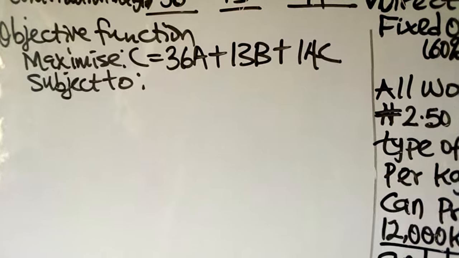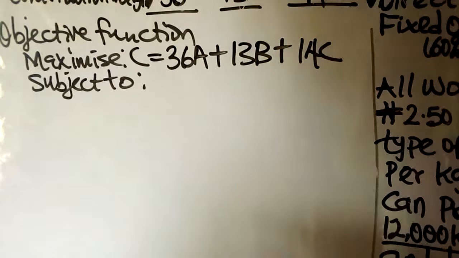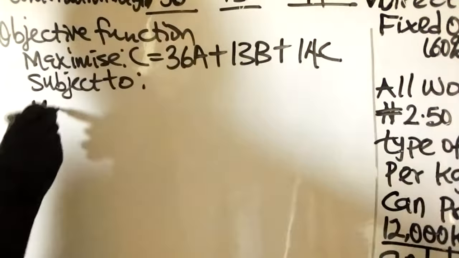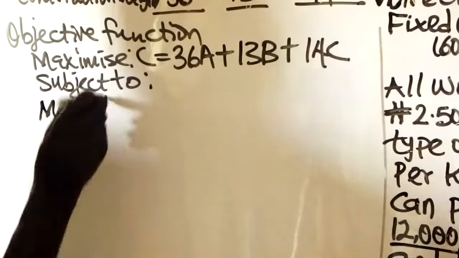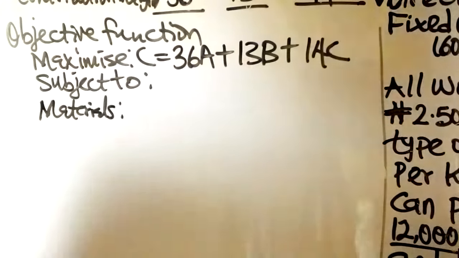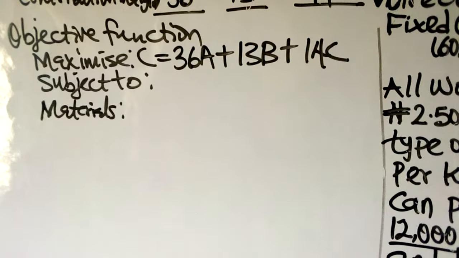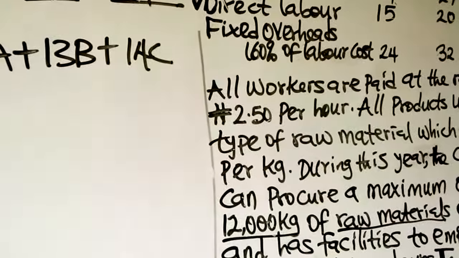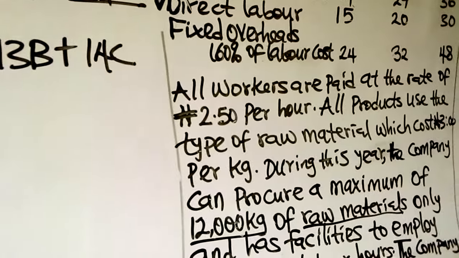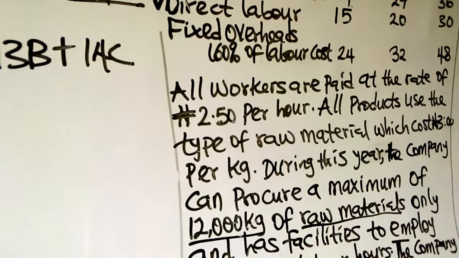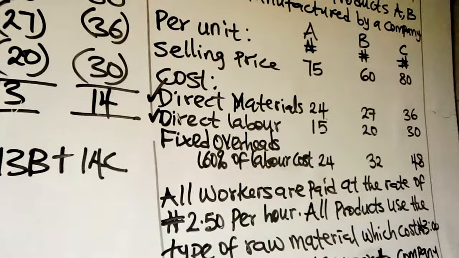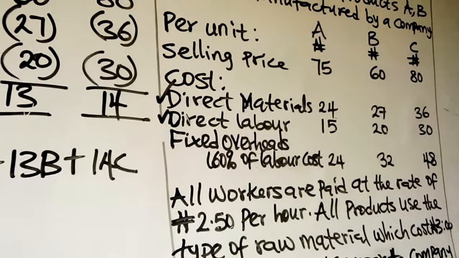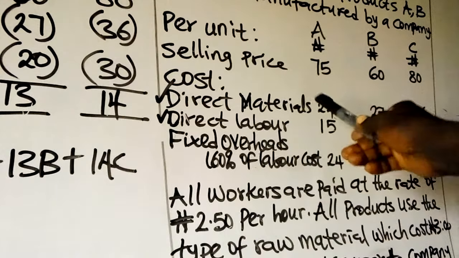Now to formulate that constraint, you have the materials as the constraint. You were given the materials in kg, 12,000 kg. But if you go through the table above, the materials is given in naira.